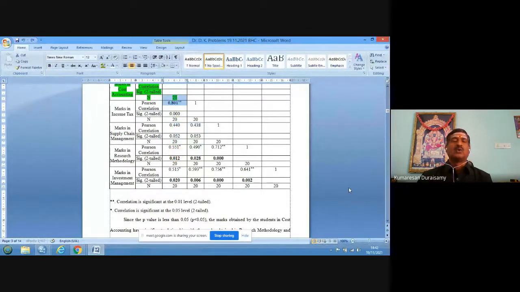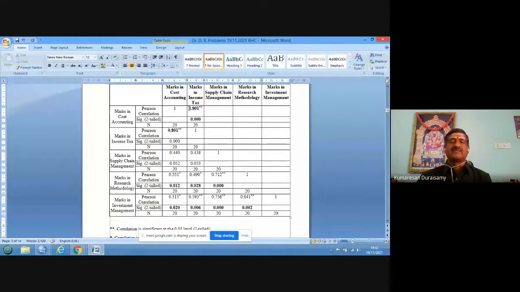On the whole, now let us check which correlation coefficient is the highest. See here, it is 0.801, significant. It is 0.440, not significant. It is 0.551, significant.